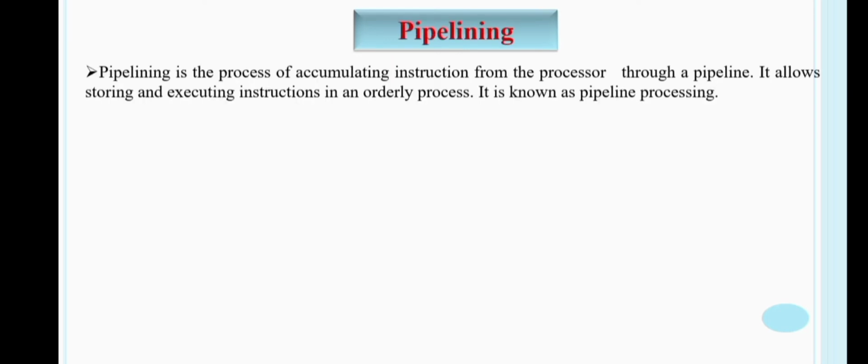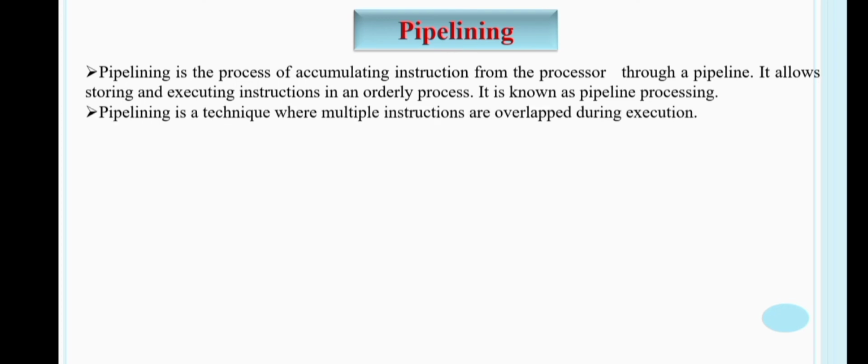Pipelining is the process of accumulating instructions from the processor through a pipeline. It allows storing and executing instructions in an orderly process. It is known as pipeline processing. Pipelining is a technique where multiple instructions are overlapped during execution.